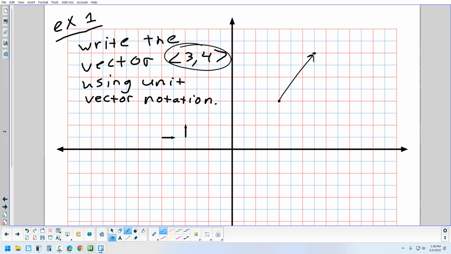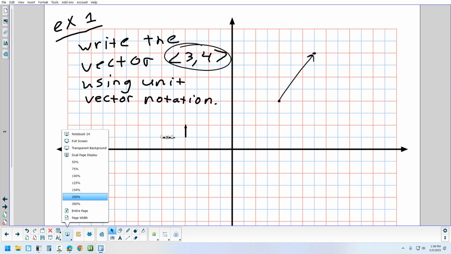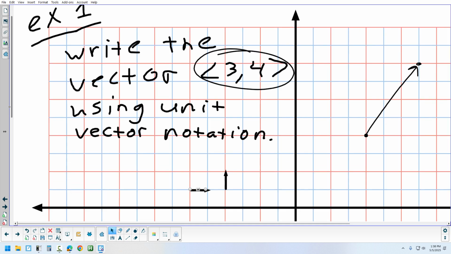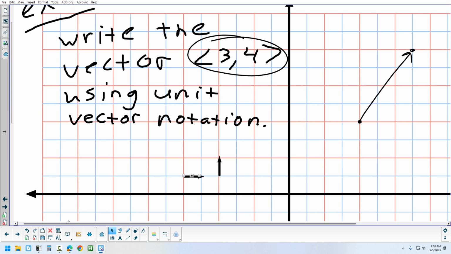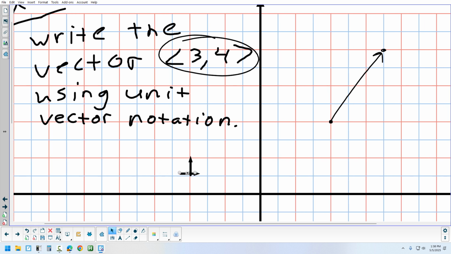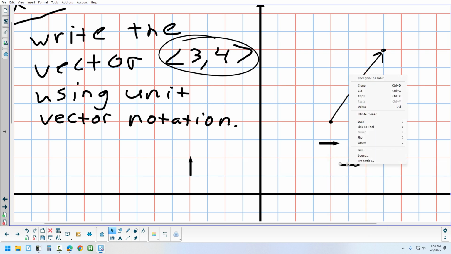Okay. So now, what I want to do is look at using i's, and if I start stacking i's together, I want to figure out how many I need to get from the initial to the terminal. So, how many i's am I going to need to stack together? 3. So I'm going to make 3 copies of it.